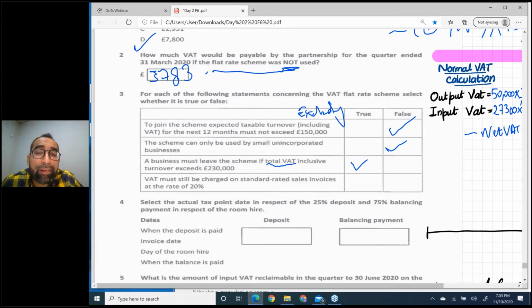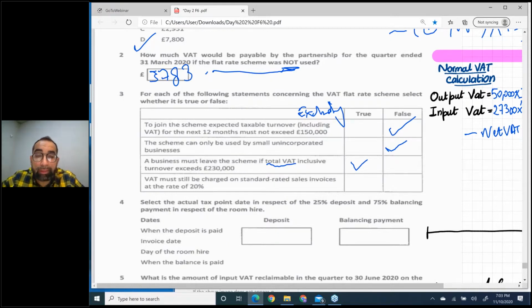So don't forget, 150,000 is exclusive of VAT plus its taxable turnover, and 230,000 is inclusive of VAT plus it is total sales. It is total turnover.